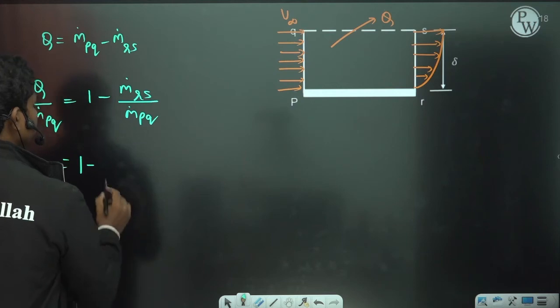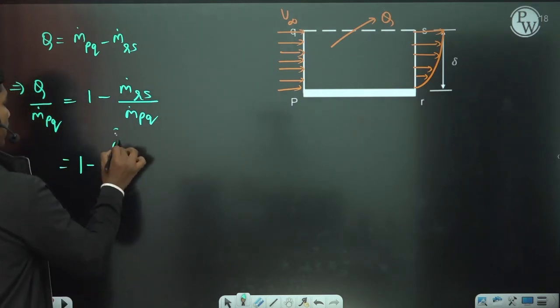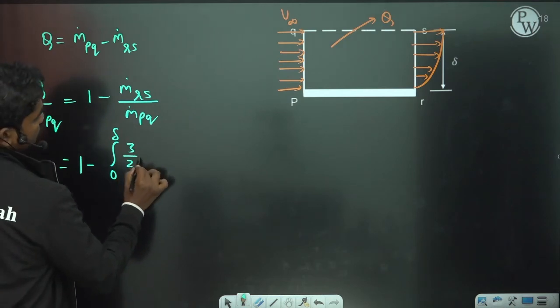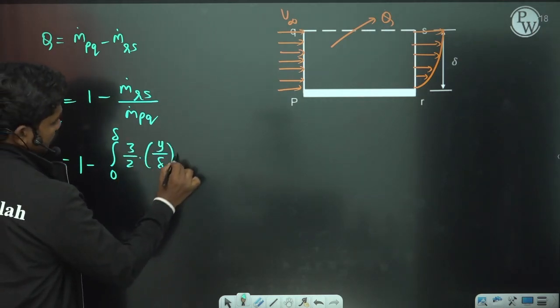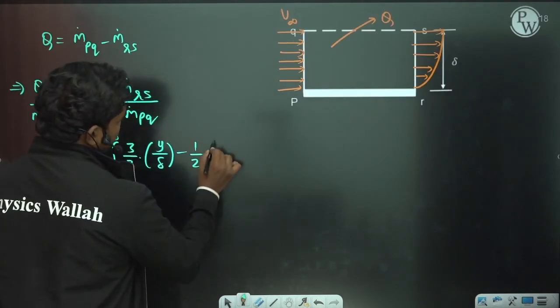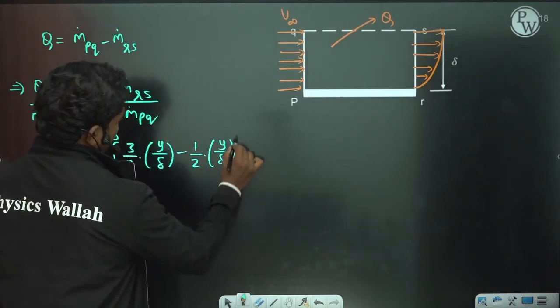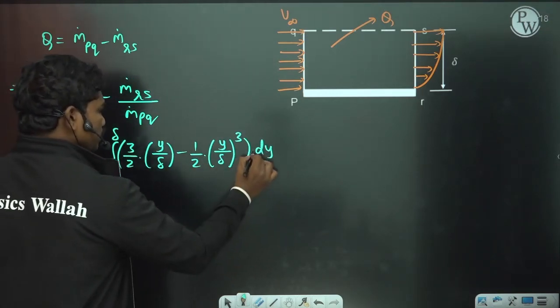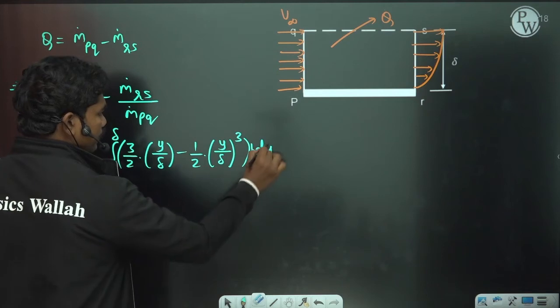So 1 minus, what is the mass flow rate through RS? At RS you have this velocity profile, integral 0 to delta. So what is the velocity profile? 3 by 2 times y by delta minus half times y by delta whole cube, dy. Of course b is also there, b dy, since the plate width is not known to you.